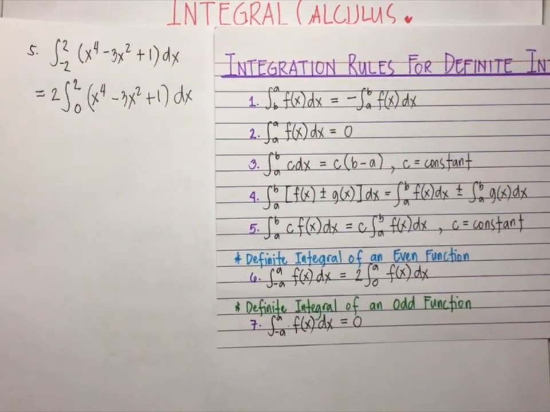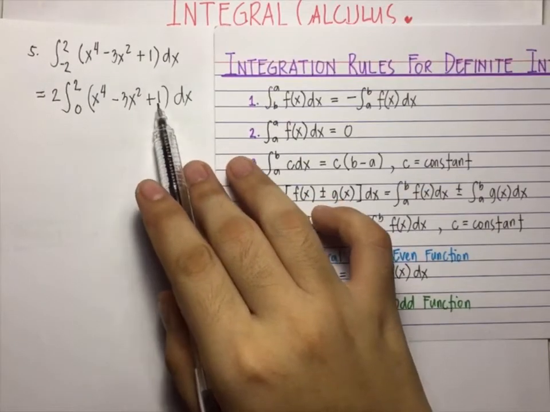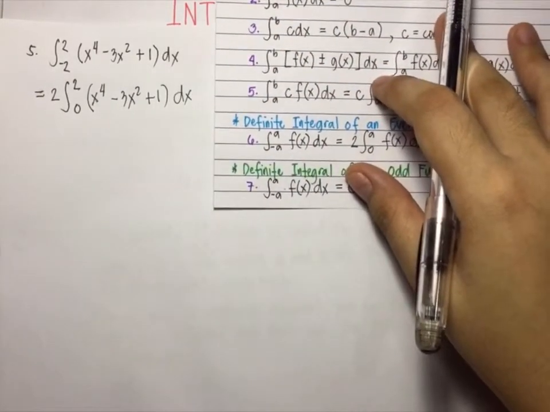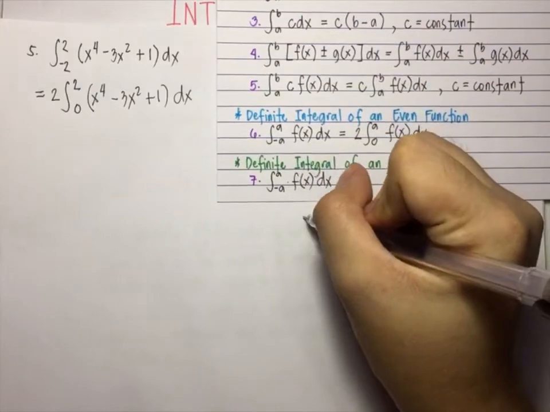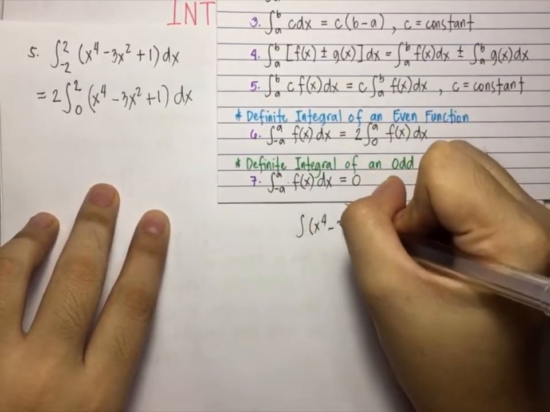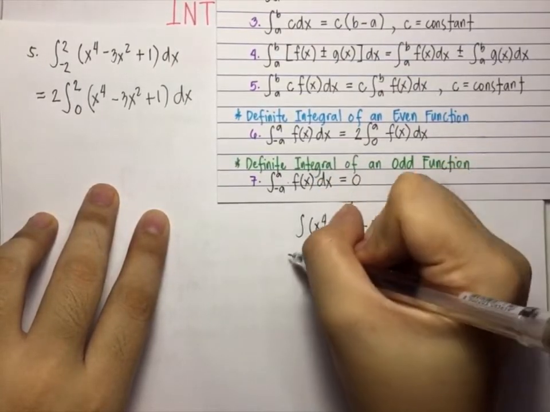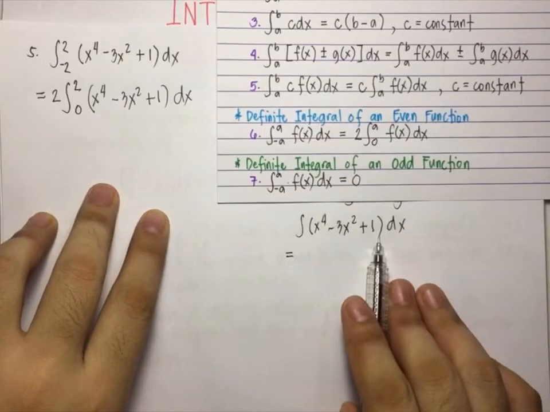But remember, we need to solve for the indefinite integral first of x raised to 4 minus 3x squared plus 1 times dx. So let us solve the integral of x raised to 4 minus 3x squared plus 1 times dx. Integrate each term separately.